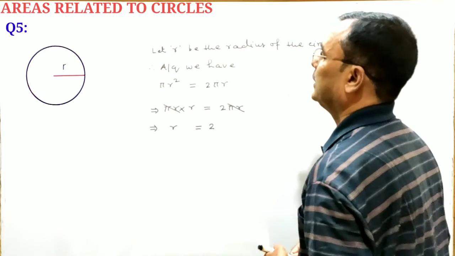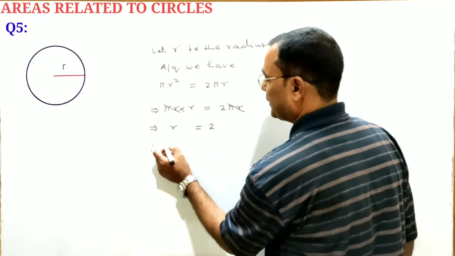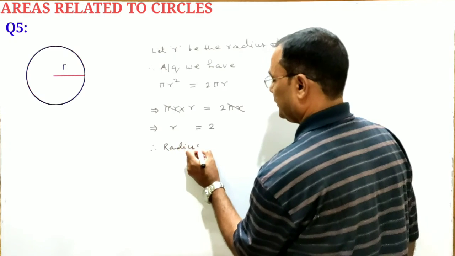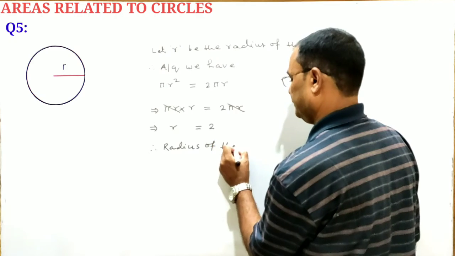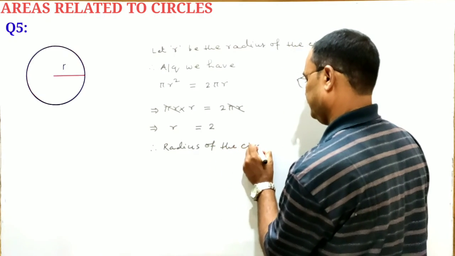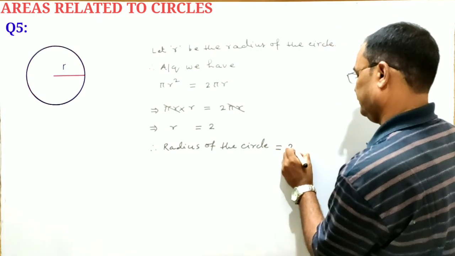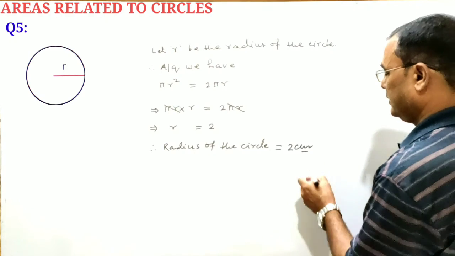So therefore radius of the circle is 2 centimeter. And this is the answer.